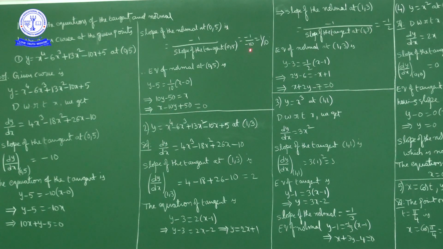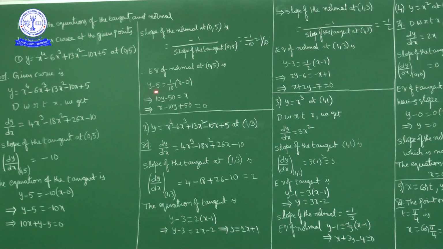So minus 1 upon minus 10, minus minus cancel, 1 by 10. So the equation of normal at (0, 5) with slope 1 by 10 is y minus y1 is equal to the slope of the normal into x minus x1. So (x1, y1) is (0, 5). So y minus 5 is equal to 1 by 10 into x minus 0.